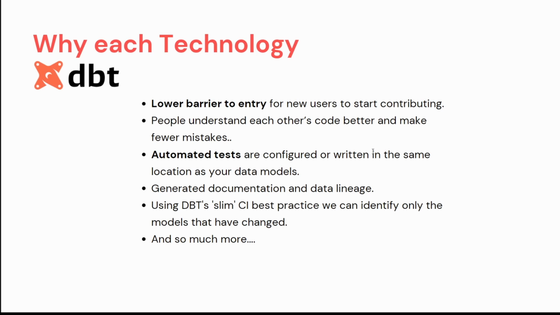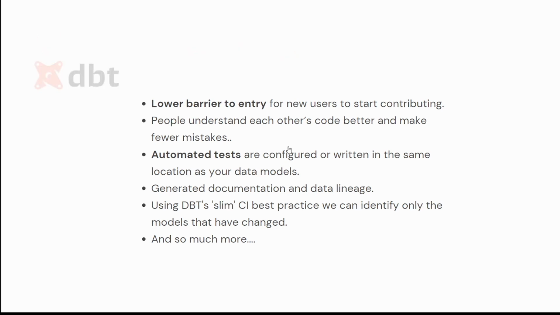Automated tests are configured or written in the same location as your data models. No longer do you have to go to a different repository where you're writing all of your tests. dbt will automatically generate your docs and your lineage. This is crucial for impact analysis when you're trying to understand if a change will have an impact on particular models. And using dbt's Slim CI best practices, we can identify only the models that have changed.